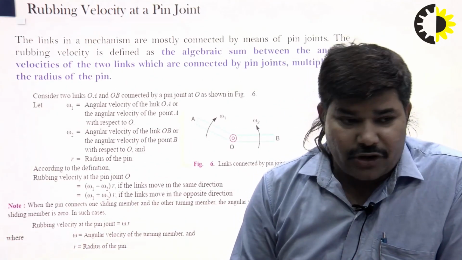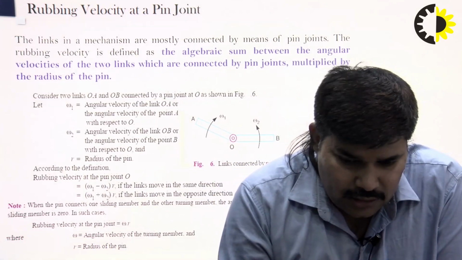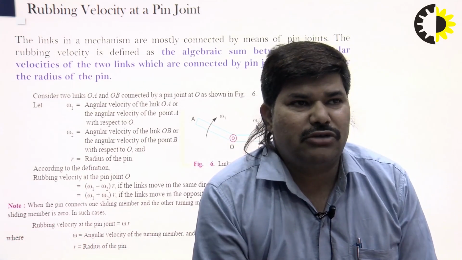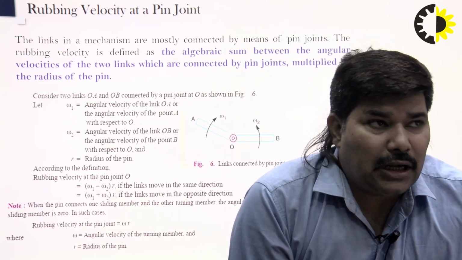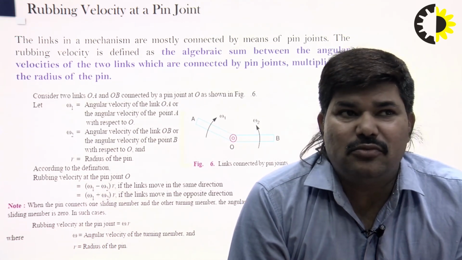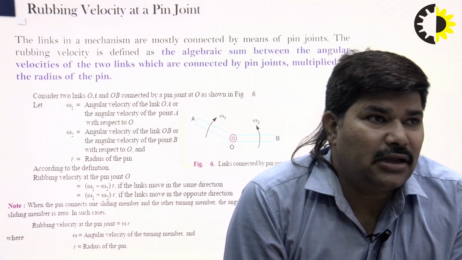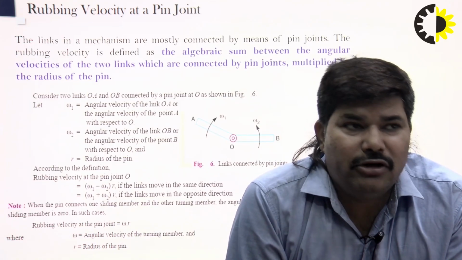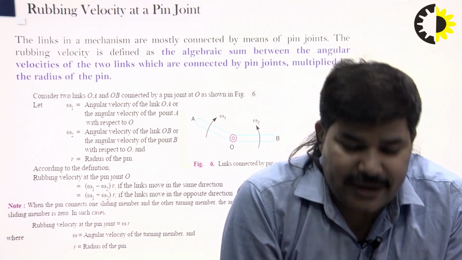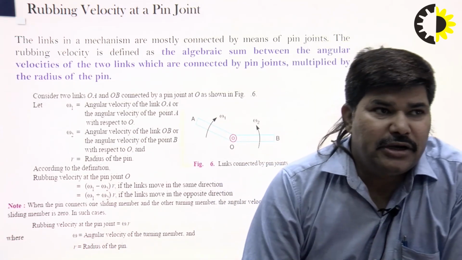One more important topic in this is the rubbing velocity. A link mechanism is mostly connected by two pin joints basically, and the rubbing velocity is defined as the algebraic sum of the angular velocities of the two links connected by the pin joint, multiplied by the radius of the pin.